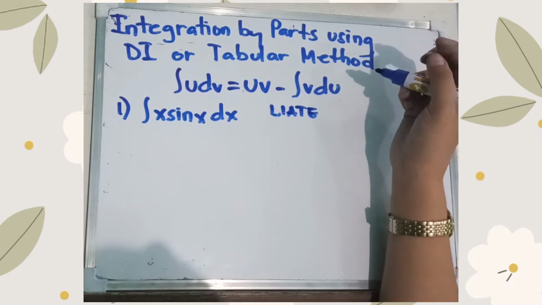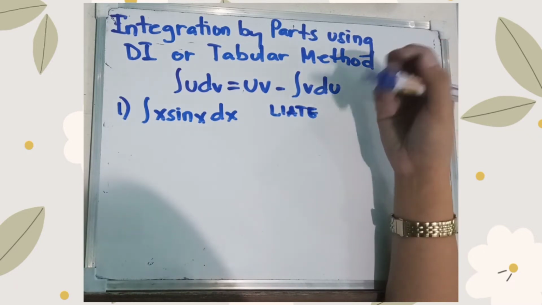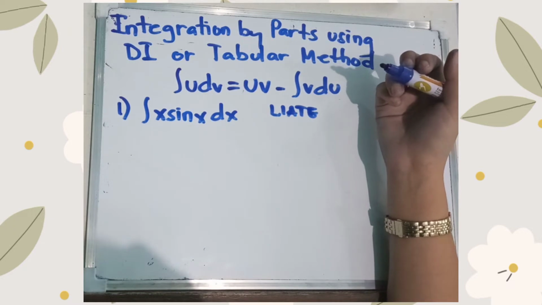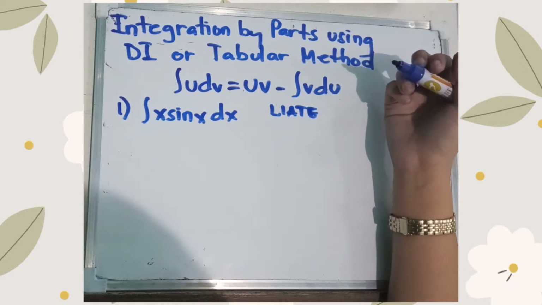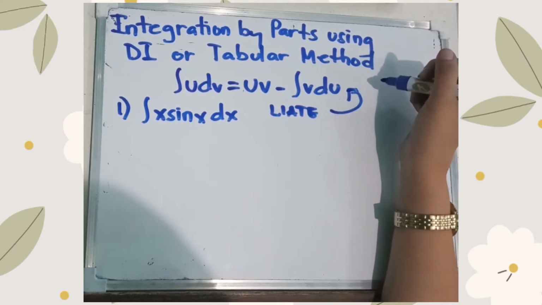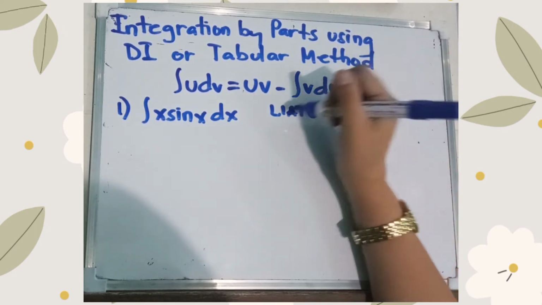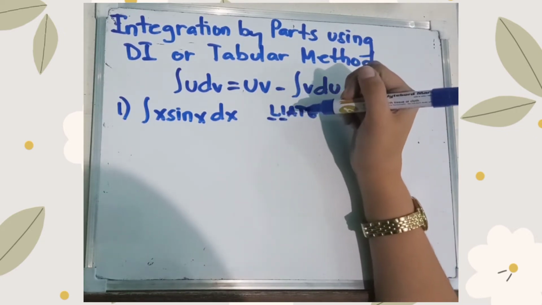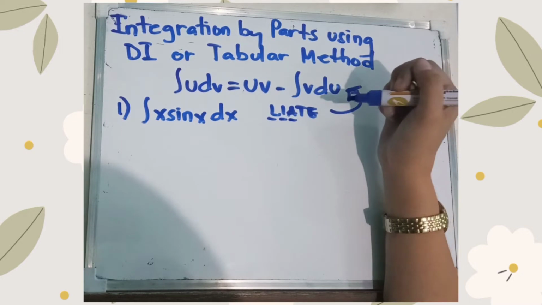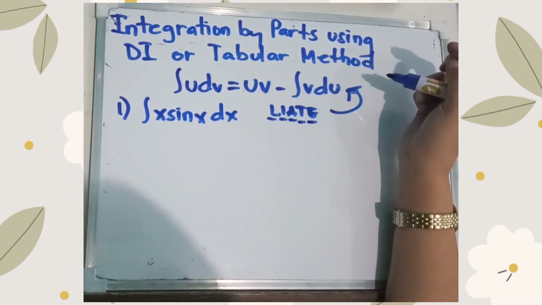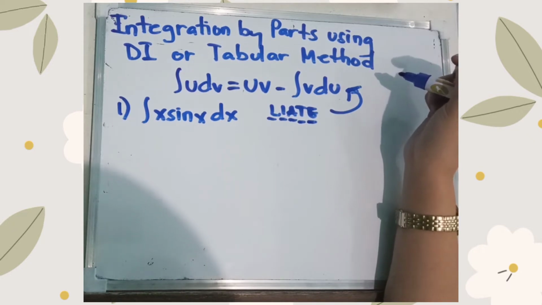Now before we integrate using the tabular method, let's recall first the technique or the method in order to determine what our u or dv will be when we do integration by parts using the formula. L stands for logarithmic, I for inverse trigonometric, A for algebraic, T for trigonometric, and E for exponential functions.